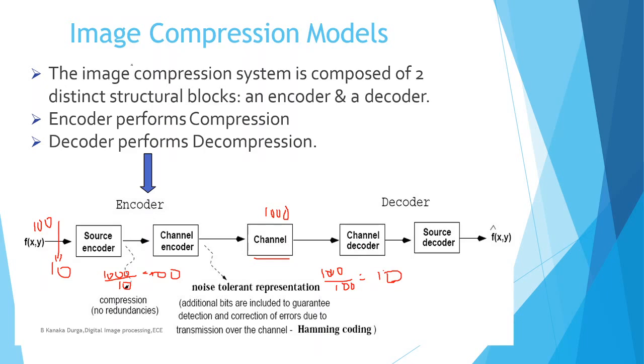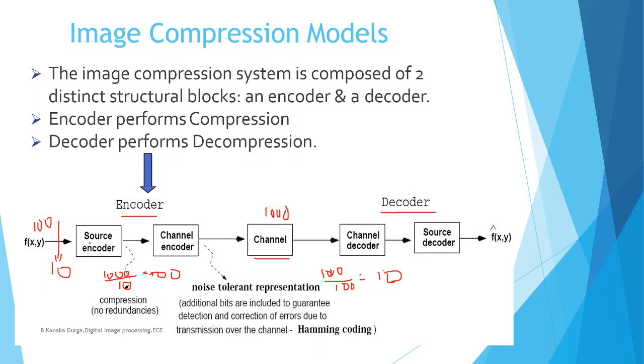So in the image compression model we have the encoder, channel and decoder. We want to transmit the information from the encoding session to the decoding session. First the image, with 100 bits, is sent to the source encoder.